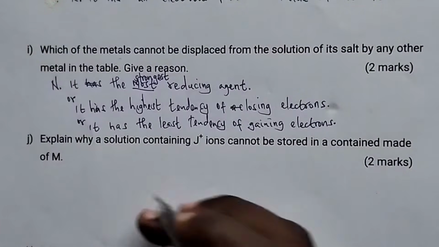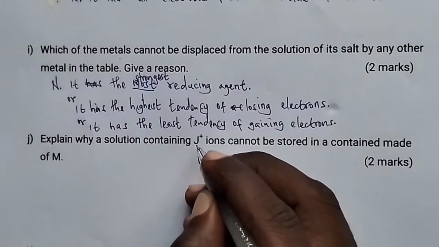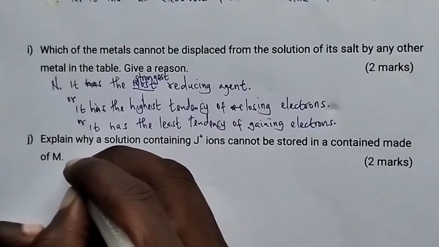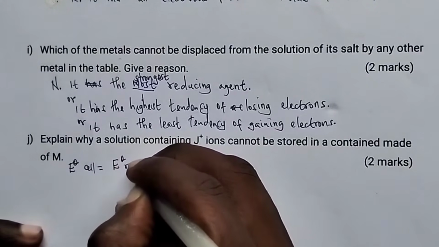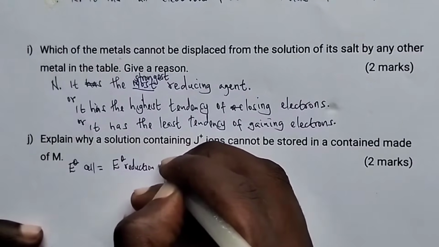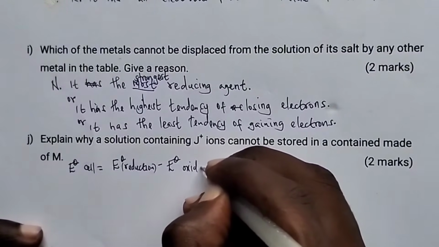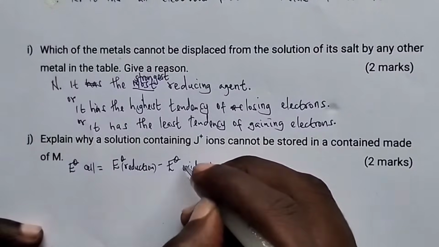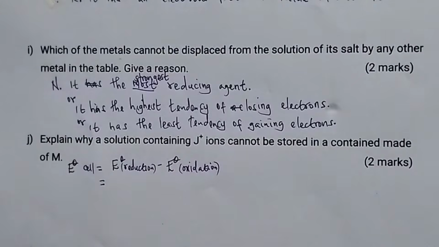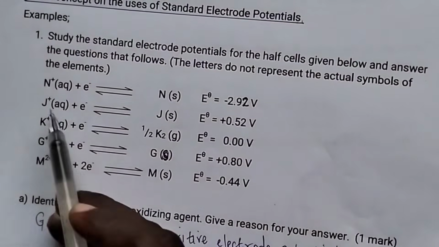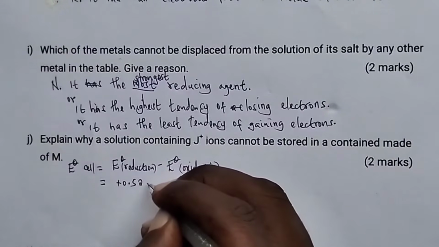The first step, what we can do is we can calculate first of all whether a reaction can occur or not. So we will start with the formula. Standard electrode potential value of a cell will be obtained as E reduction minus E oxidation. The one that undergoes reduction will be the one that's having the ion, and that's J plus. So what will be the standard electrode potential of the J plus? It's positive 0.52 volts.